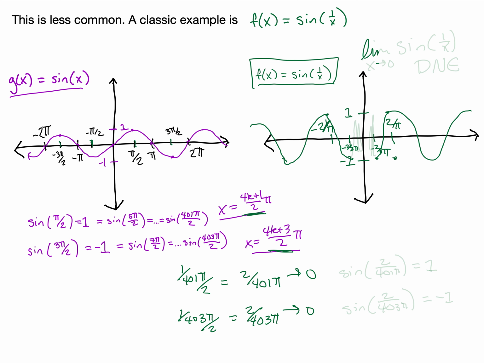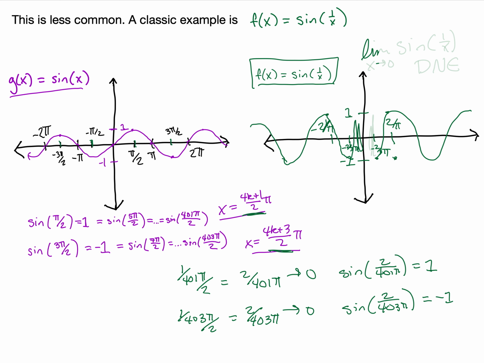But the output of sine of 2 over 401 pi is going to be 1, whereas the output of sine of 2 over 403 pi is going to be -1. So despite these two values being very, very close together, their outputs are really far apart.